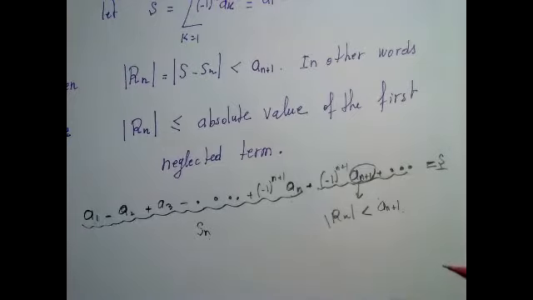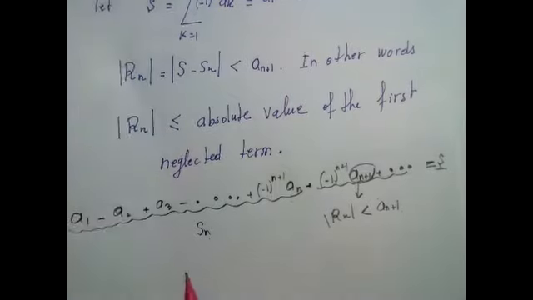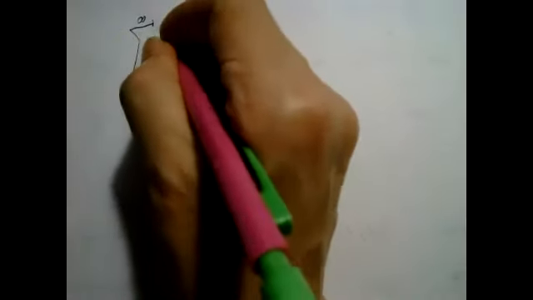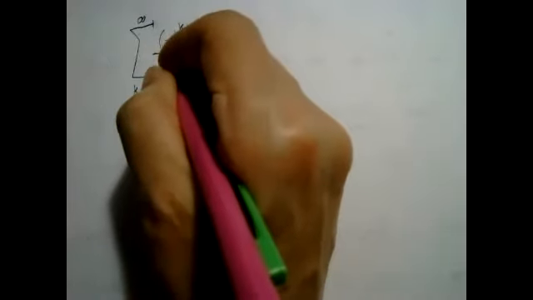So let us take an example. This is the best we can get in an alternating series to have an idea what the sum is equal to. So for example, let me consider the following series: sigma k equal 1 to infinity of (-1)^(k+1) over k.